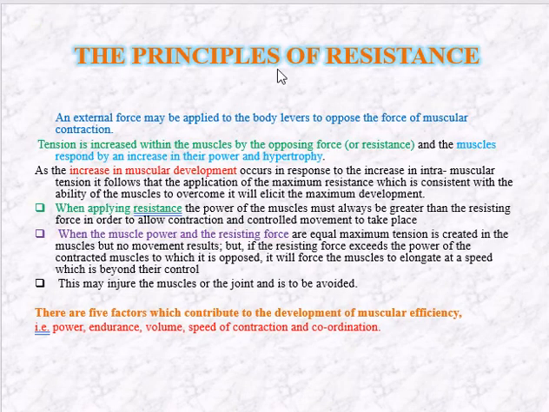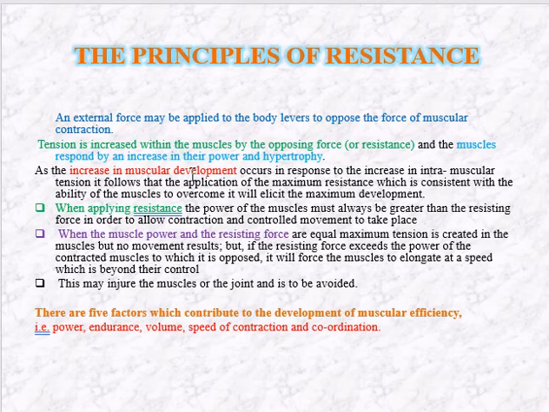What is the principle of resistance? Basically, resistance means opposing force. An external force may be applied to the body levers to oppose the force of muscle contraction. Tension in these muscles is increased by the opposing force, or we can say resistance, and the muscle responds by an increase in power and hypertrophy.